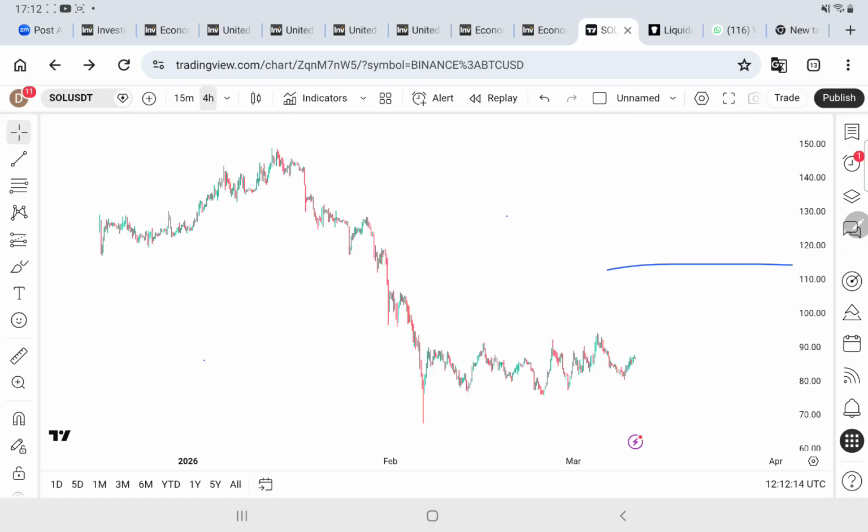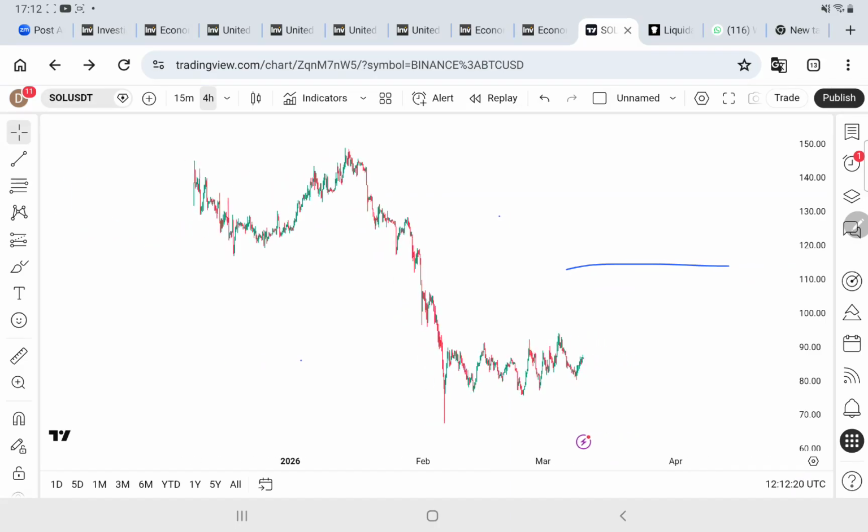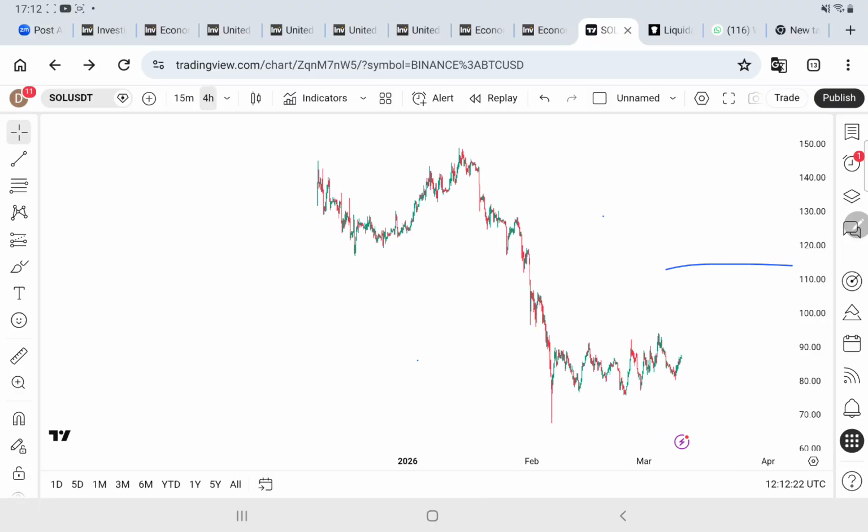So the whole idea why I brought you here onto the live chart is to show you that the price loves trend. Now, for some reason, the charts are taking way too long to load on TradingView.